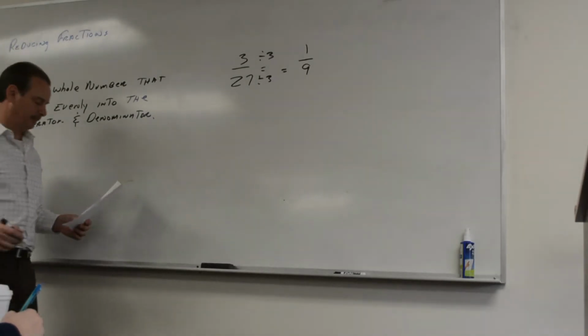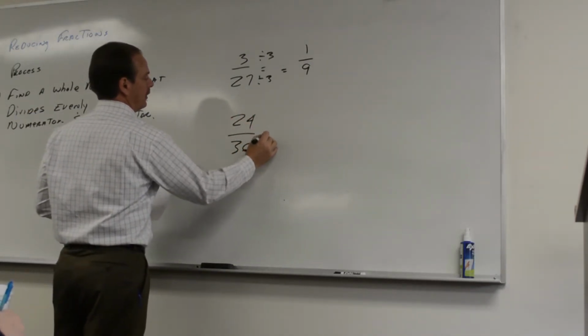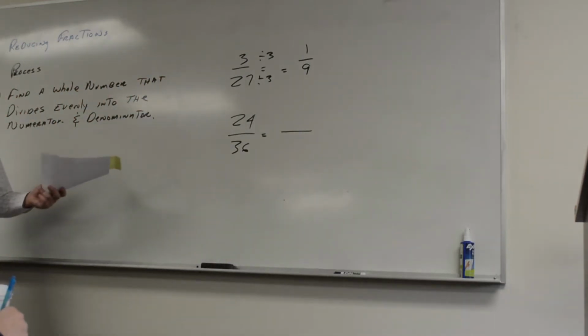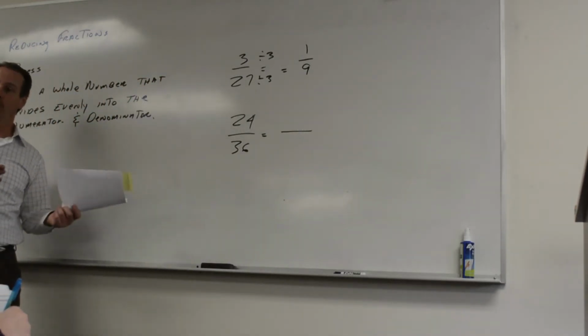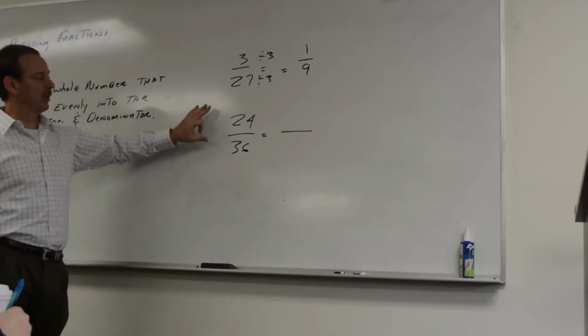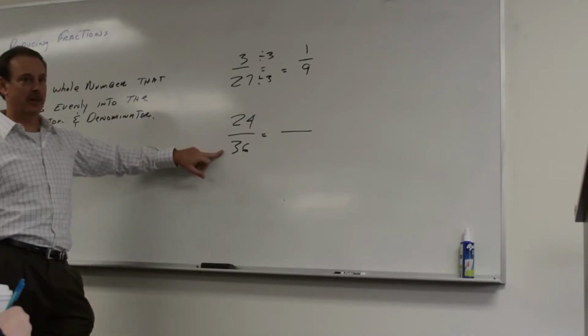How about this one? 24 over 36. Well, we look at this, they're both even. We know 2 will work. What else will work? 6, 3. 4 works here, 4 works here.